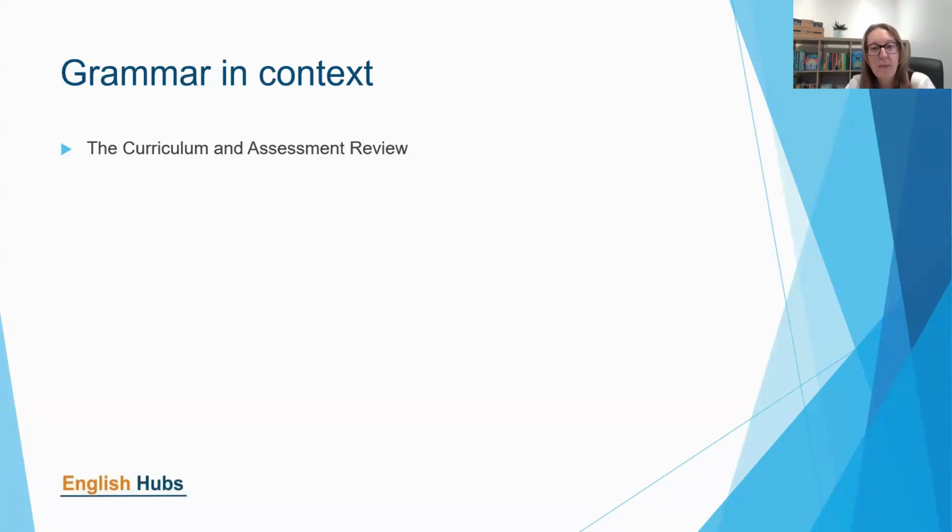Therefore, the review recommended that the grammatical content in the primary programmes of study should be reviewed and streamlined in order to place greater emphasis on content that supports pupils' ability to read and write effectively. And this will include a stronger focus on using and applying grammar rather than identifying theoretical constructs by name.